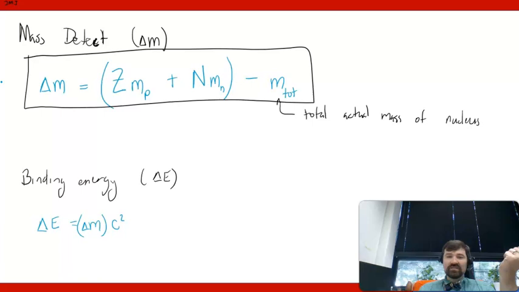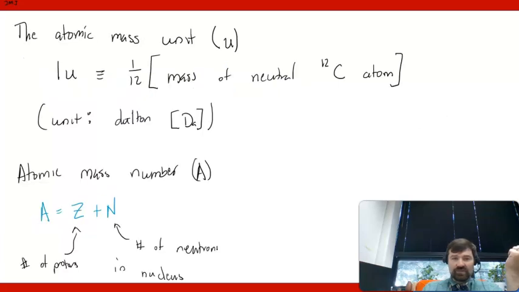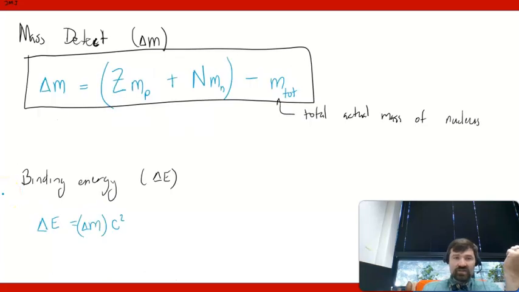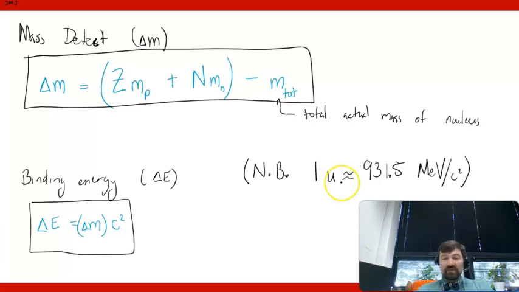Now, because I've introduced this unit of the atomic mass unit, and we're talking about binding energies, it's worth noting that the atomic mass unit is equivalent to roughly 931.5 mega electron volts per c squared.